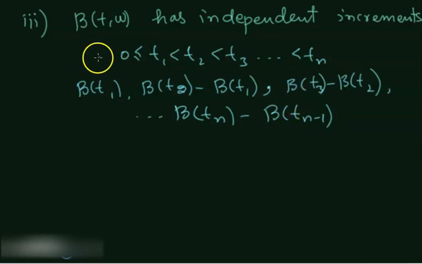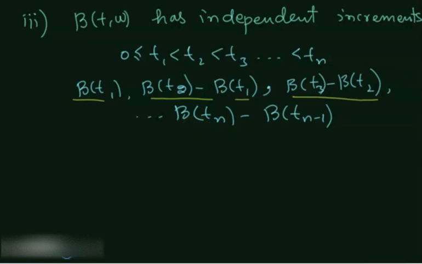So the meaning of independent increments is, if you consider time values t1 less than t2 till tn, then you consider these increments: beta of t1 minus beta of 0, beta of t2 minus beta of t1, beta of t3 minus beta of t2, beta of t4 minus beta of t3, and so forth, up to beta of tn minus beta of tn minus 1.